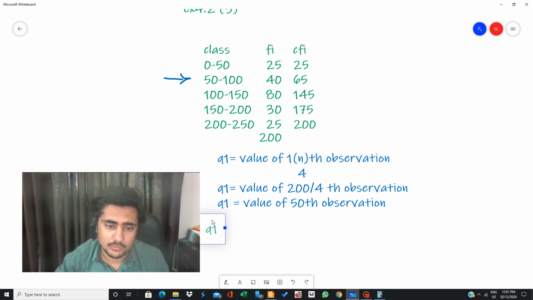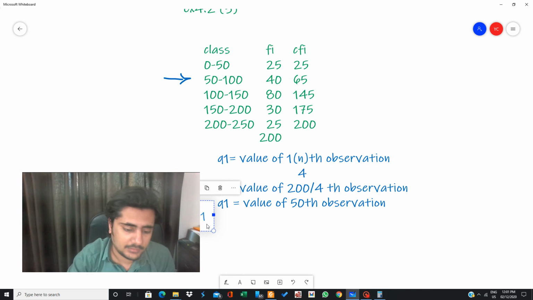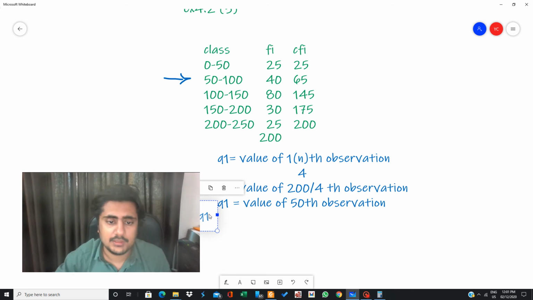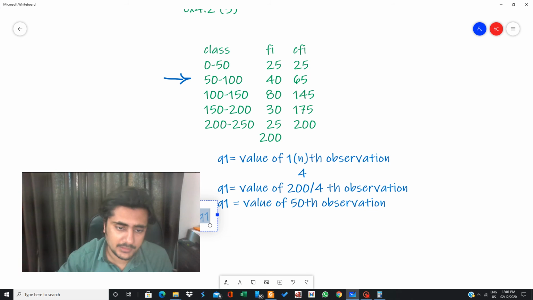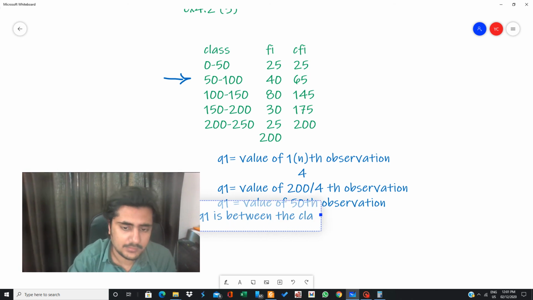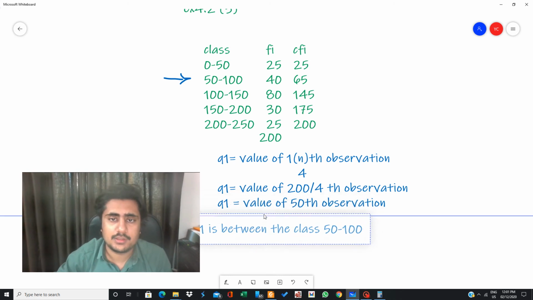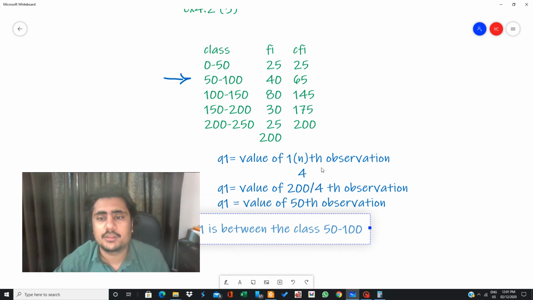Q1 is between the class 50 to 100. This is now crystal clear.